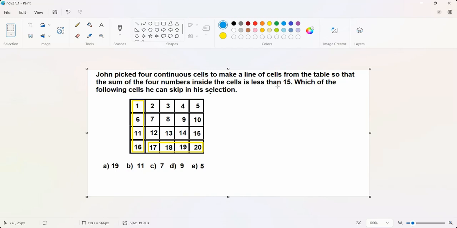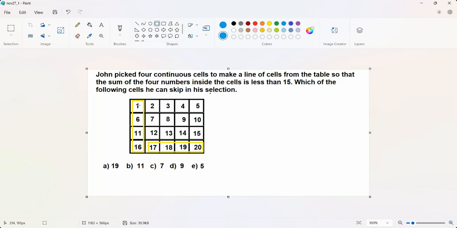So as I said, when we are talking about less than something, we always start from the topmost corner. So here we'll select four numbers, and we'll start there and see, is this giving us less than something?